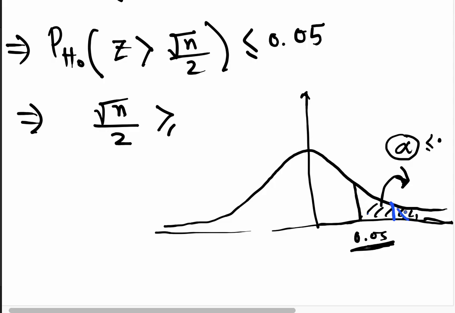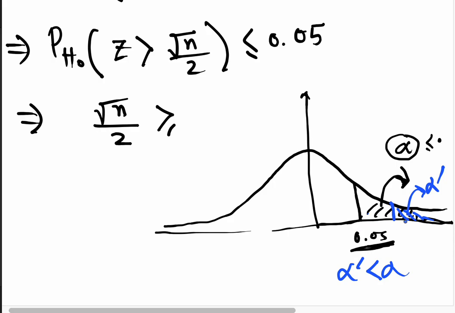Suppose this is alpha prime and this whole region is alpha. The probability that any random variable will remain inside this black curve is alpha, and the blue curve is alpha prime. We can see pictorially that alpha prime will always be lesser than alpha.